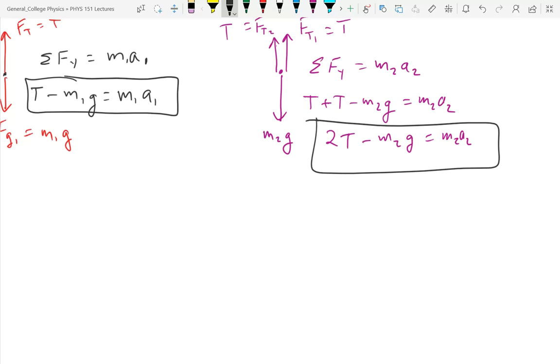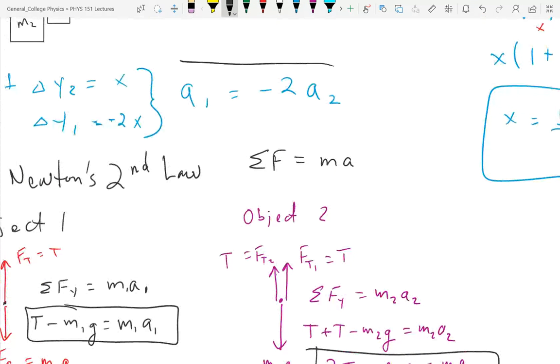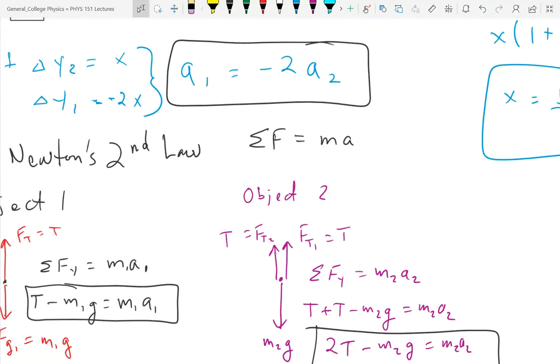One has tension and acceleration 1 as unknowns. The other has tension and acceleration 2 as unknowns. I still can't solve it, because combining the 2 equations, I have 3 unknowns. But we already specified the relationship between acceleration 1 and acceleration 2. The problem asked us to find the acceleration of mass 2, so I'm going to substitute for acceleration 1 to eliminate it.